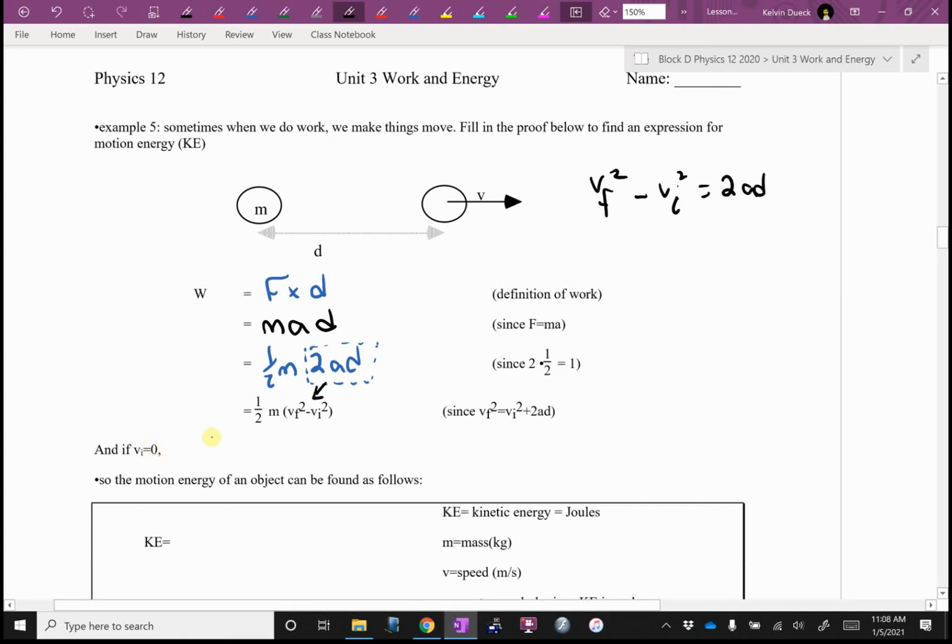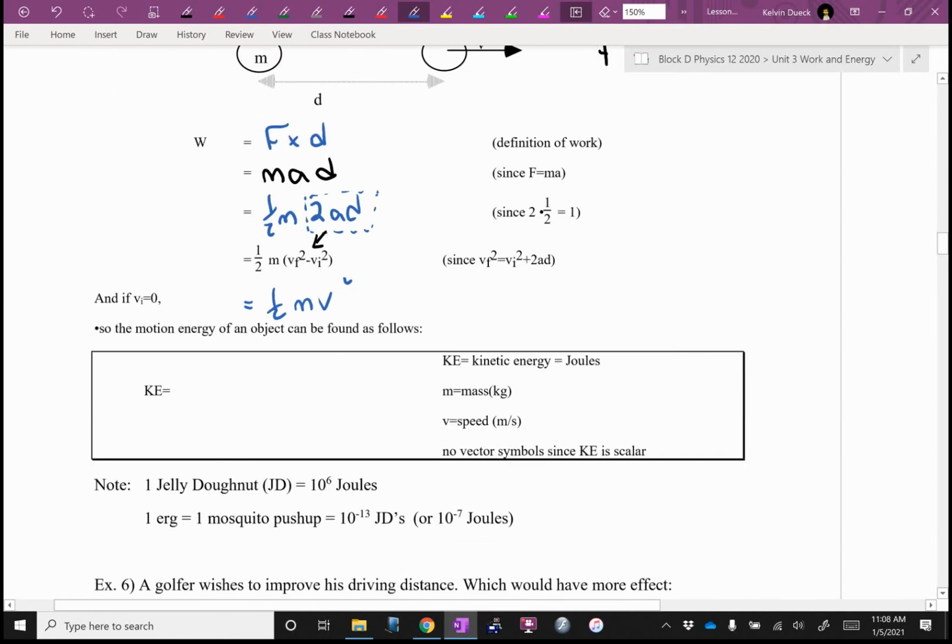And if VI equals 0, we get this, a half M V final squared. This is the amount of work done to get an object moving. It's equal to a half MV squared.